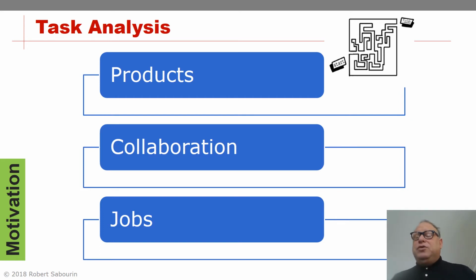How do people do their job? What do they do? Can we take a look at an expert who's a guru at that job and sort of look at how they do it and then identify what are these skills, what is the knowledge, what is the experience required to do that well? So I've used task analysis to understand products, collaboration, and jobs.